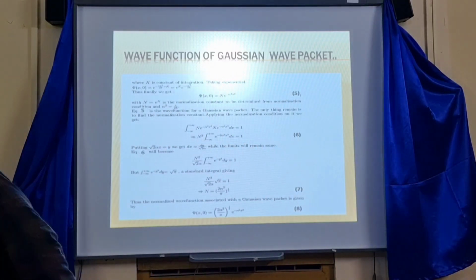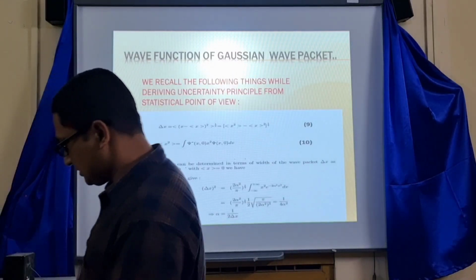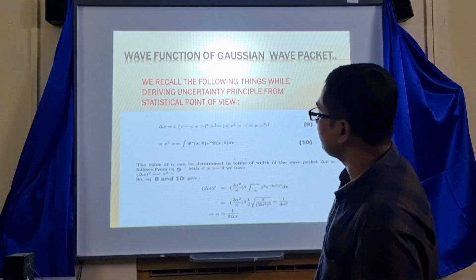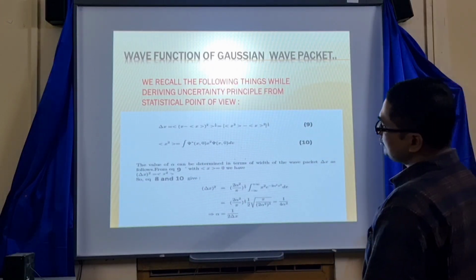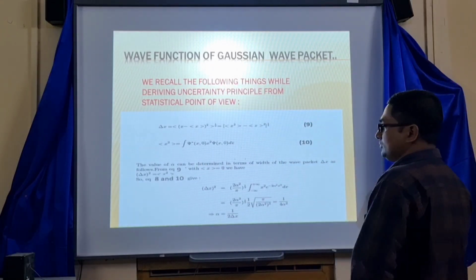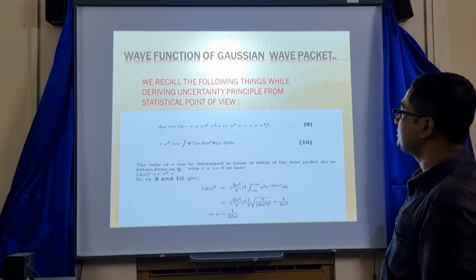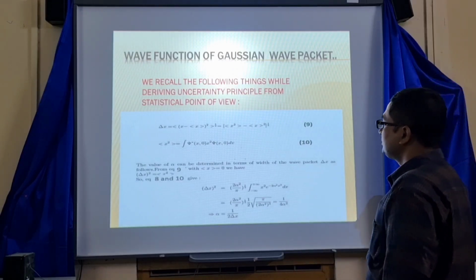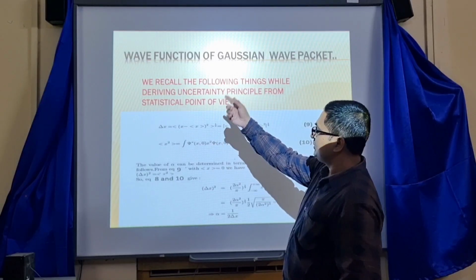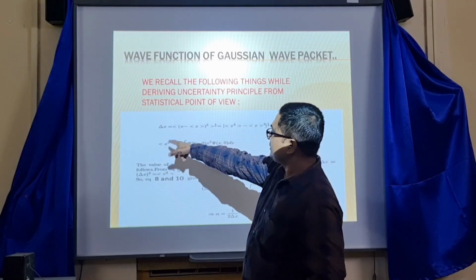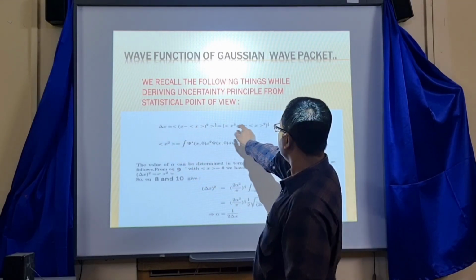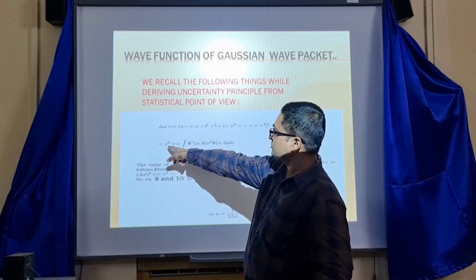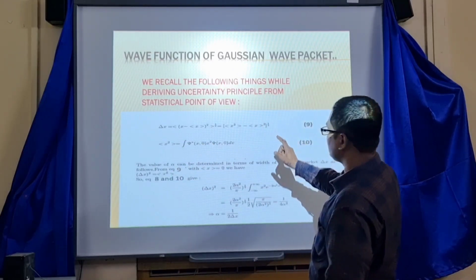Now this alpha can also be determined, taking into consideration the definitions used from the statistical point of view while deriving the uncertainty. These are the relations that we already discussed, that the uncertainty in position can be like this, and this is the expectation value, given by equation 10.